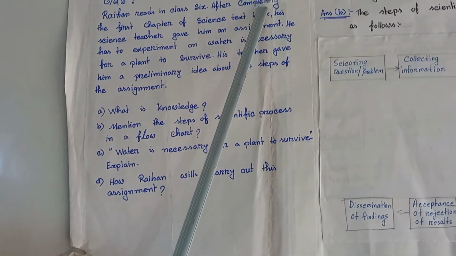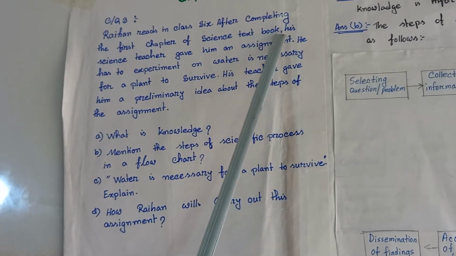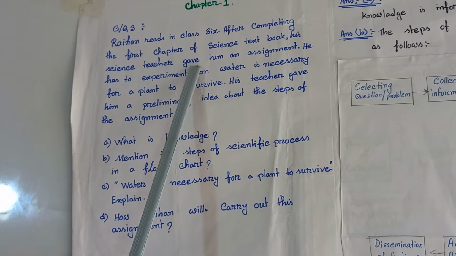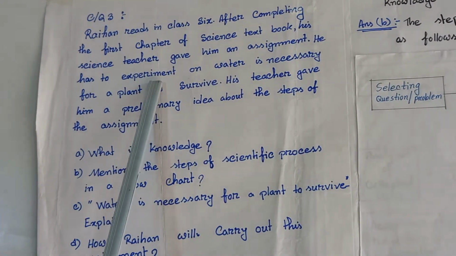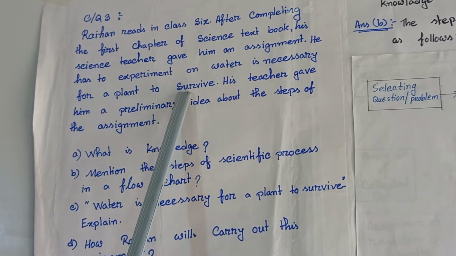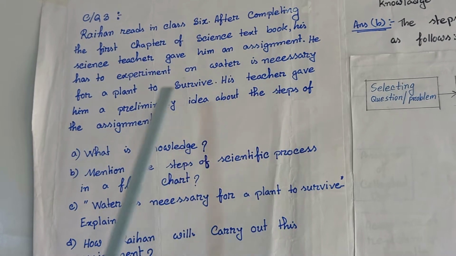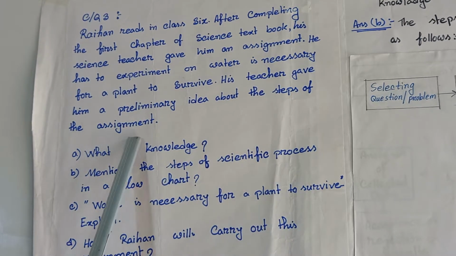After completing the first chapter of science textbook, his science teacher gave him an assignment. He has to experiment and find out whether water is necessary for a plant to survive. His teacher gave him a preliminary idea about the steps of the assignment.